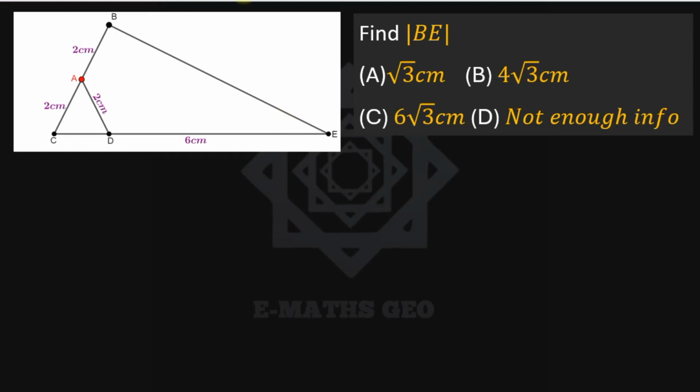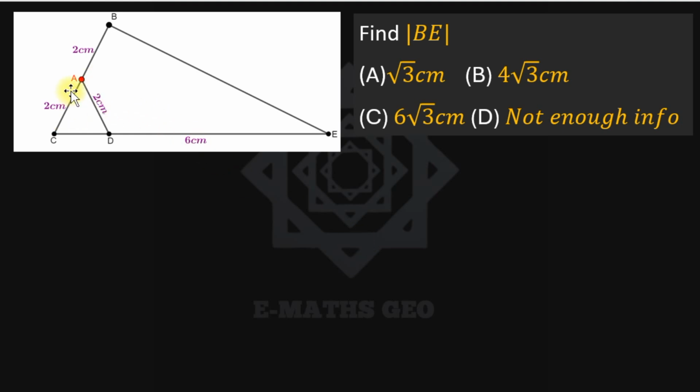If you look at the diagram, you can see AB is 2, AC is 2, and AD is 2. So what will I do? We introduce a circle, with A as the center. That's the only way we can solve this question.